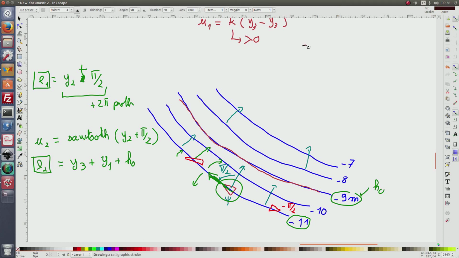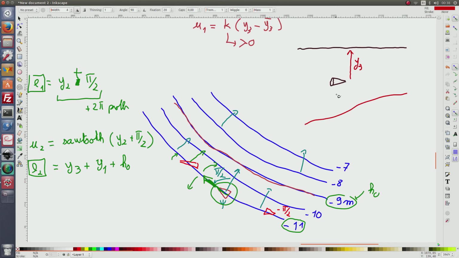So let me explain this. I have here the surface of the water. I have here my robot, AUV. I have here in the positive direction y3. I have here the seafloor. I have y1 corresponding to this, so the altitude, which is positive.